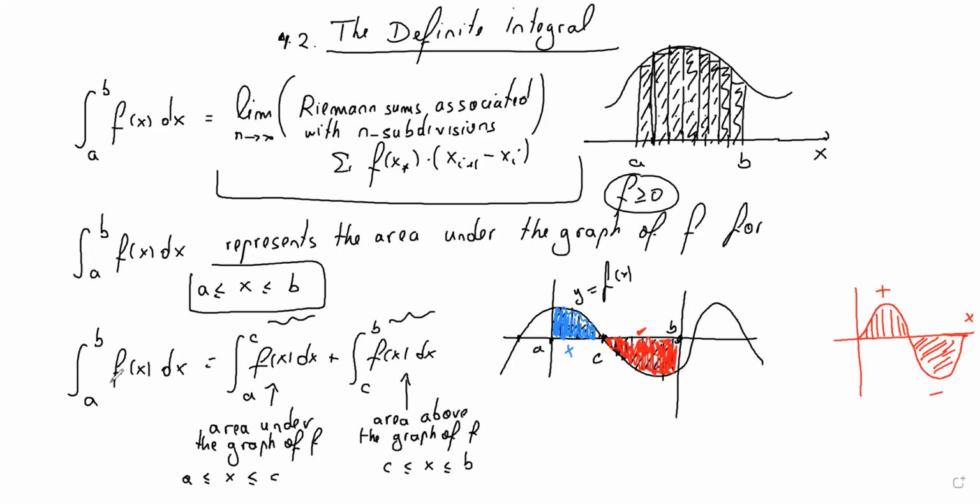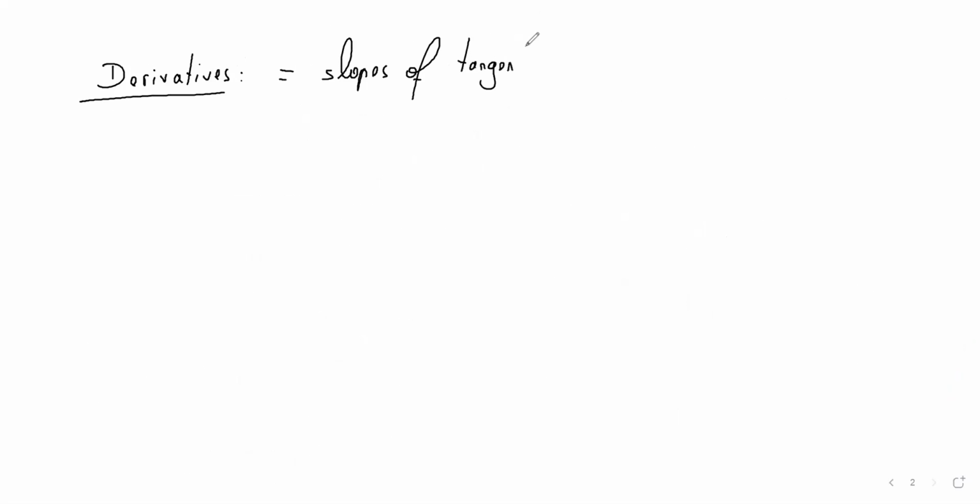When you have something like this, the integral from a to b of f of x dx, more or less like, if you remember, when we talked about derivatives, intuitively, what are those derivatives? Well, they're slopes of tangent lines to the graph. All right, that's derivatives. Now, definite integrals.